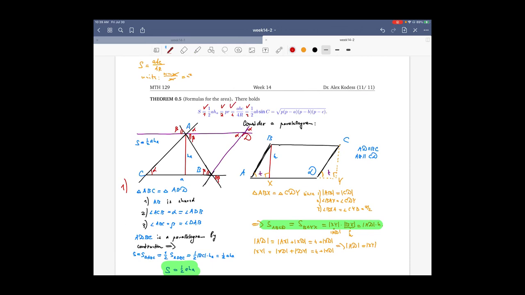And number 5, the so-called Heron's formula. Will require a little bit of algebra and law of cosines.